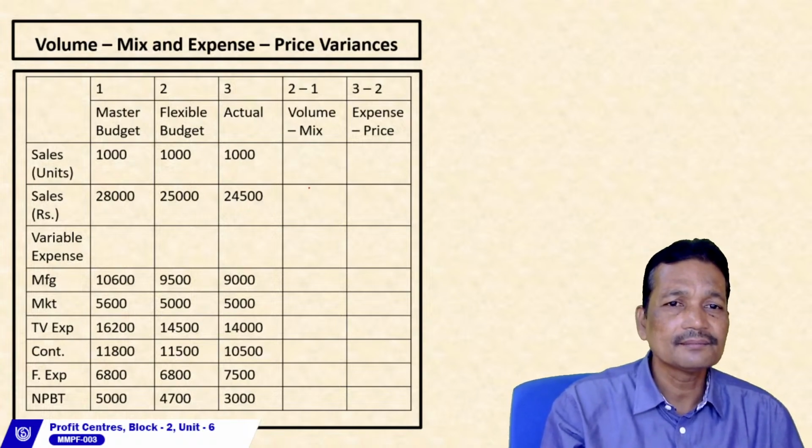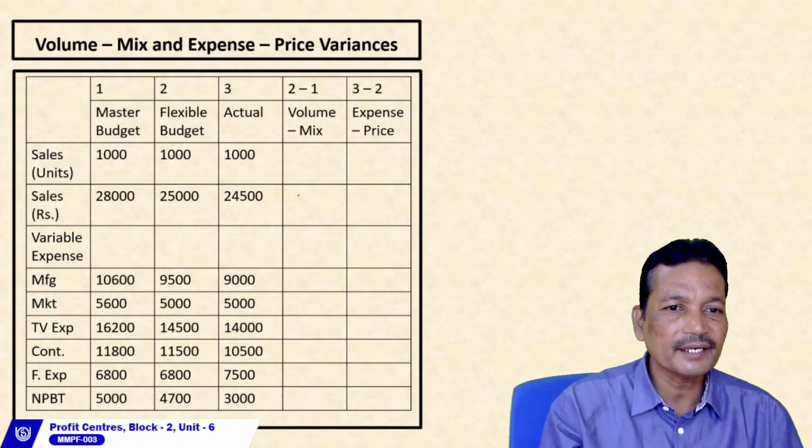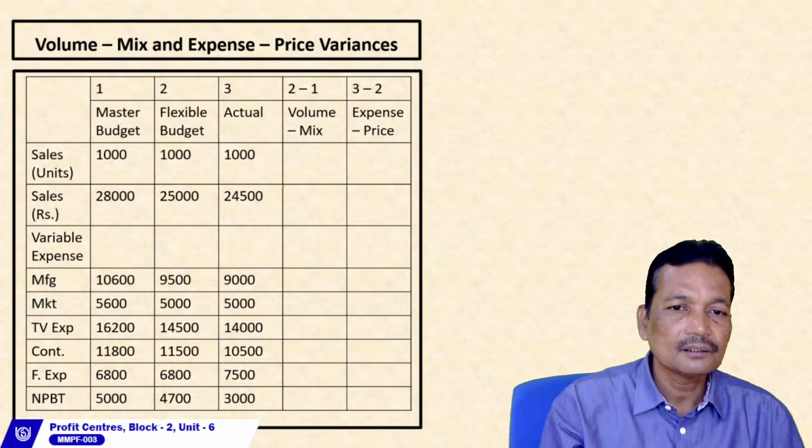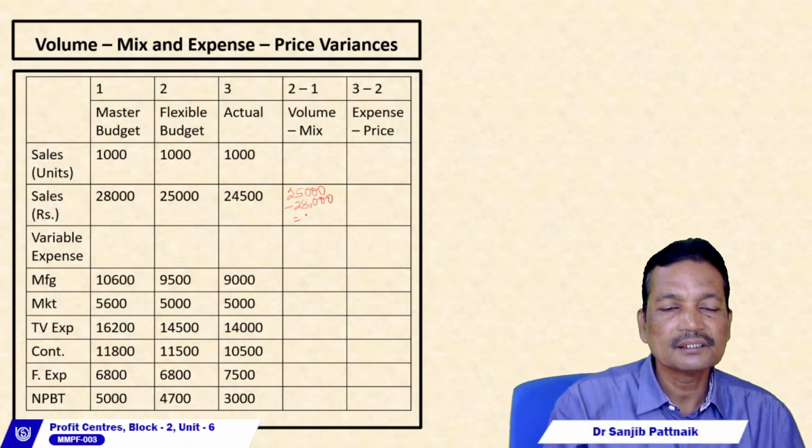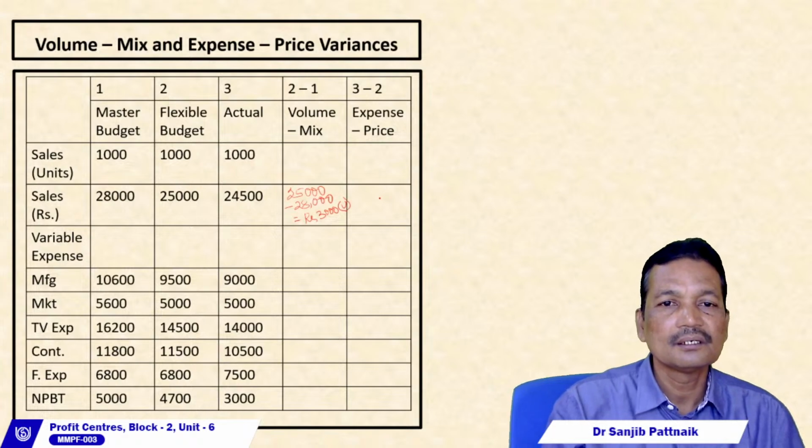Now let us see the total sales. The volume mix is here 25,000 minus 28,000. That gives me rupees 3,000 unfavorable.